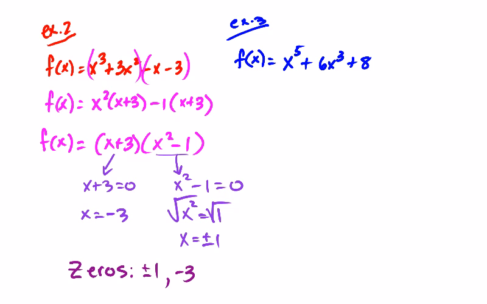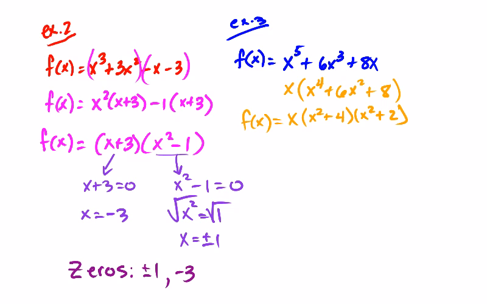The first step to factoring is to take out the greatest common factor, so that'd be an x, leaving you with x to the 4th plus 6x squared plus 8. And then you can factor this one by saying what multiplies to 8 and adds to 6, and those two numbers would be 4 and 2. And the x would still be there.